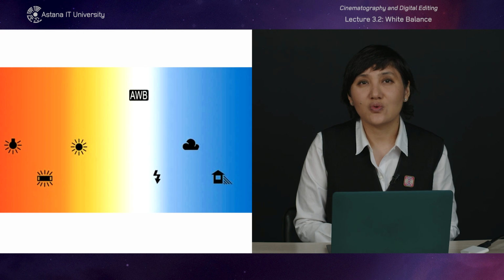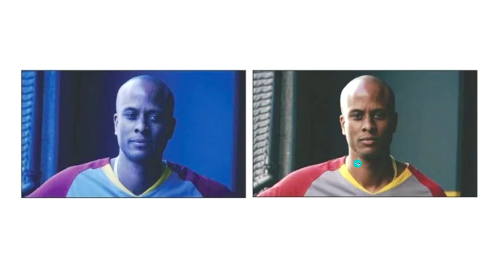This is particularly useful when shooting in mixed lighting conditions, when multiple light sources with different color temperatures are present. For example, if you're shooting in a room with both tungsten lighting and daylight coming through a window, manually setting the white balance can help balance these competing light sources.